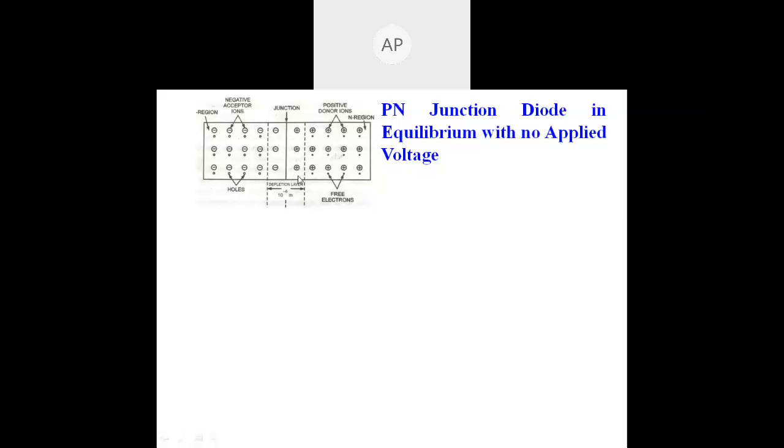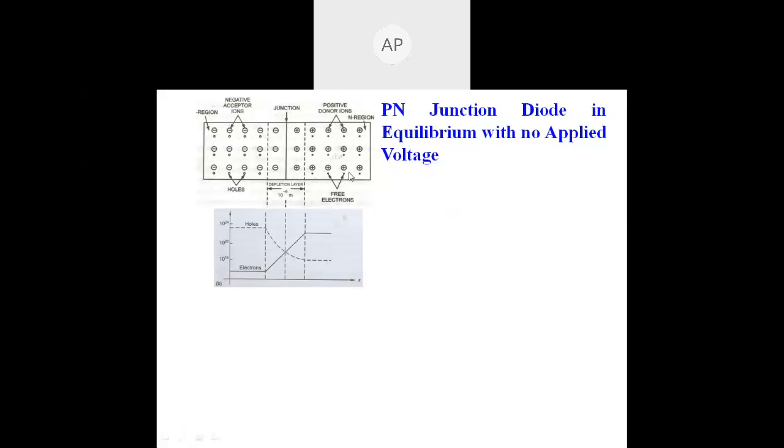As these ions are accumulated, we have also seen that on the P side the majority carriers are holes and the minority carriers are electrons, whereas for the N region the majority carriers are electrons and the minority carriers are holes.